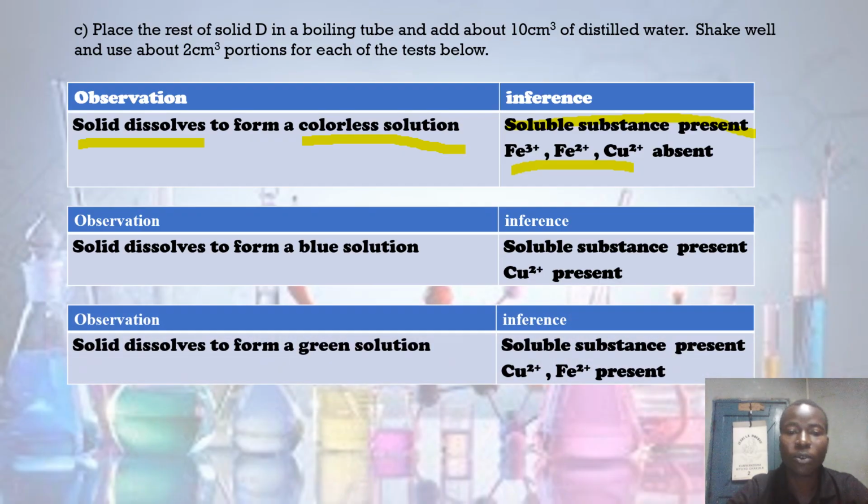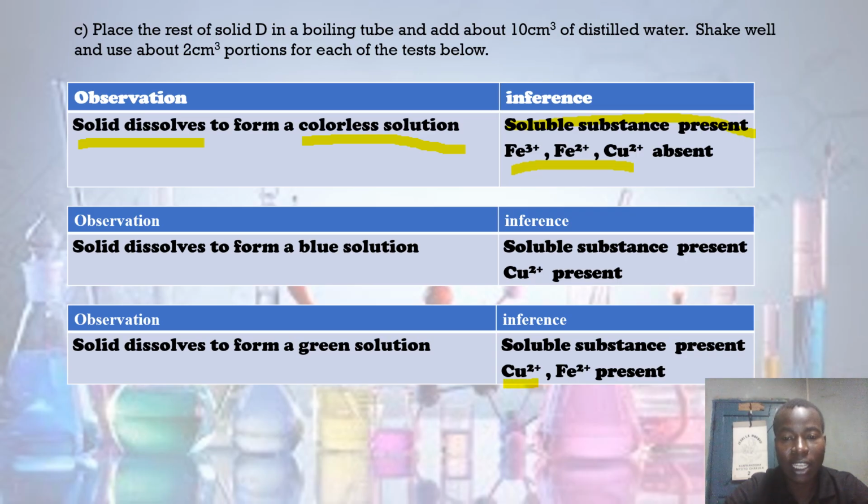Alternatively, you can add water and see the solid dissolving to form a green solution. Now, if it is forming a green solution, I understand that mostly we are used to the iron 2 ions forming a green solution, but we should also understand that some salts of copper, when you add water to them, also form a green solution, and that is the reason why I have included copper here.